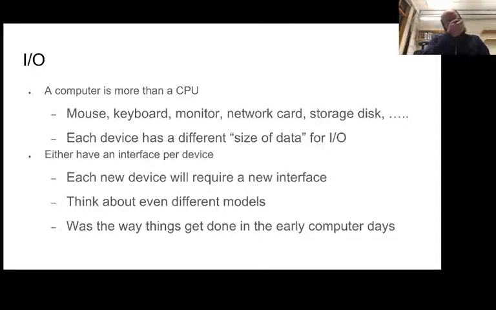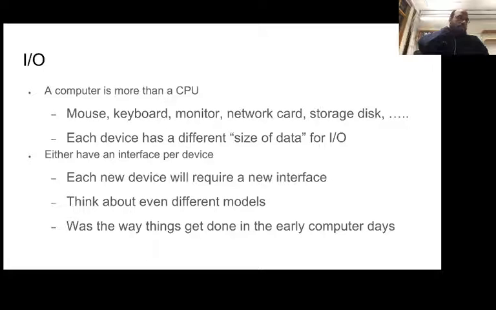But the computer is in general much more than just the CPU. So you have the mouse, the keyboard, the monitor, and so on, and each device has a different size of data for I/O.